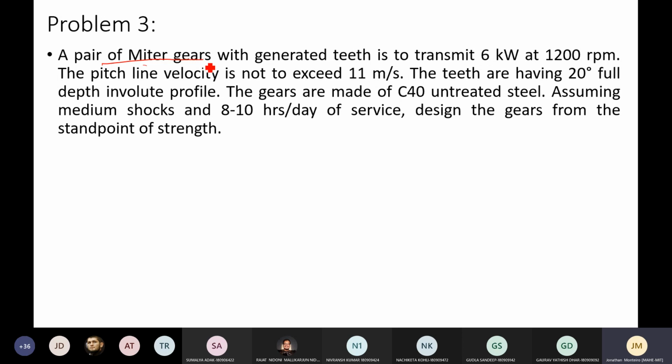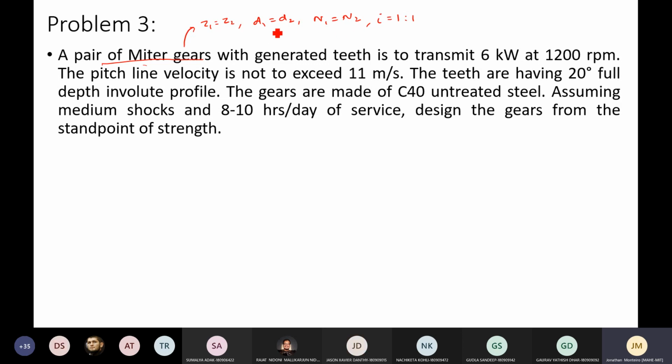They are identical in teeth and identical in diameter. So when you say miter gears, Z1 will be equal to Z2, D1 will be equal to D2, N1 will also be equal to N2. All those things should come to your mind. The speed ratio is 1 to 1.